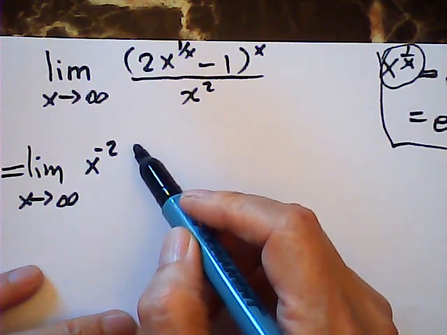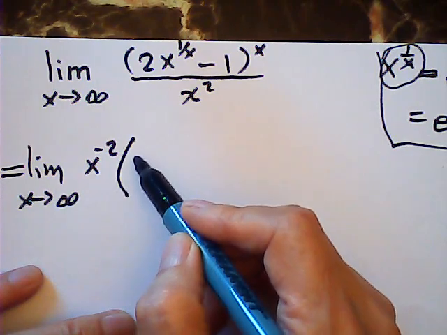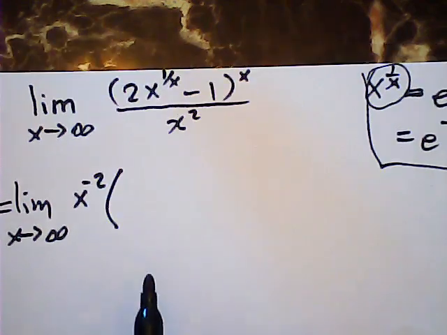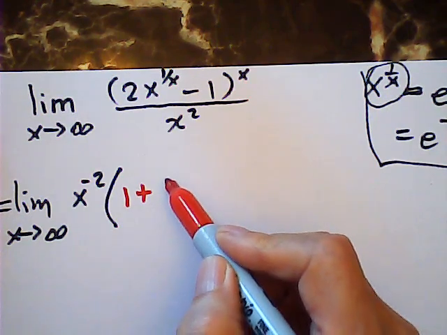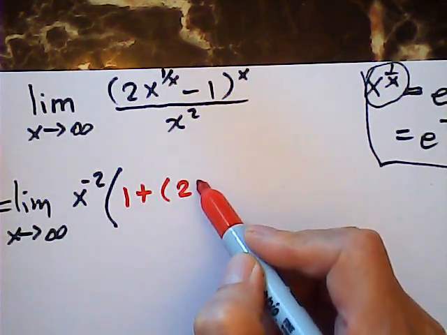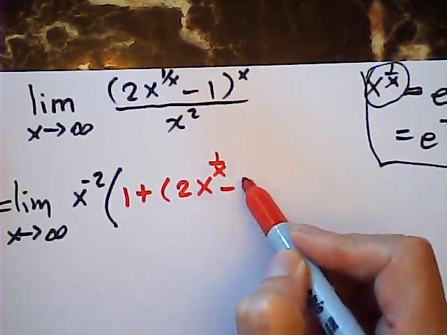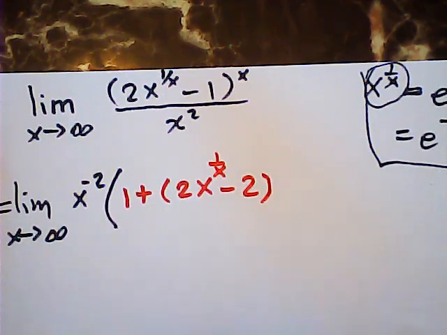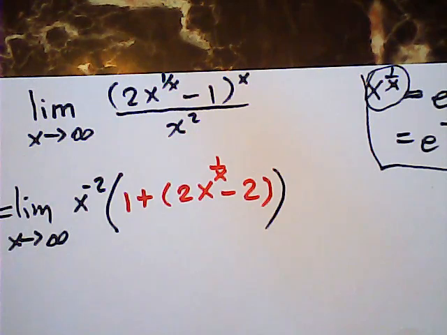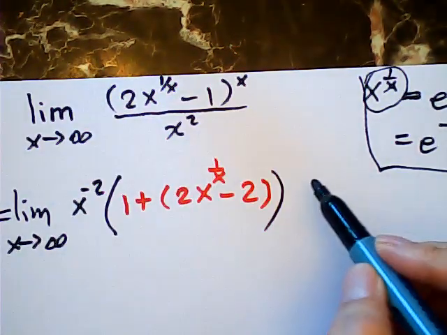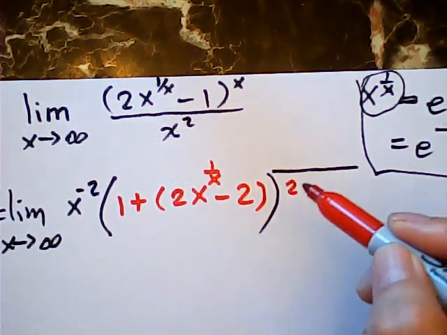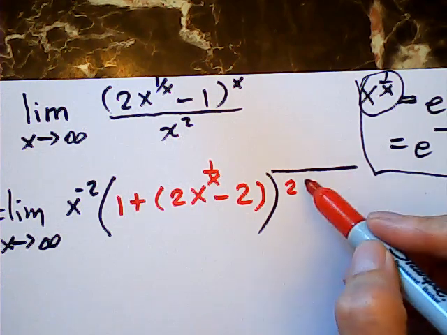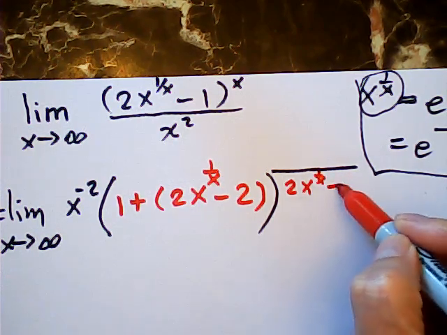Then this one, I write this in a different color: 1 plus 2x to the 1 over x minus 2, and this is 2x, 1 over x minus 2.